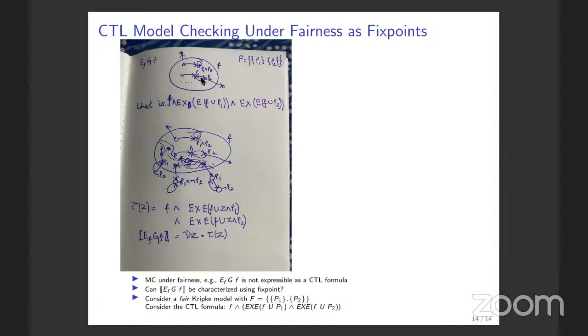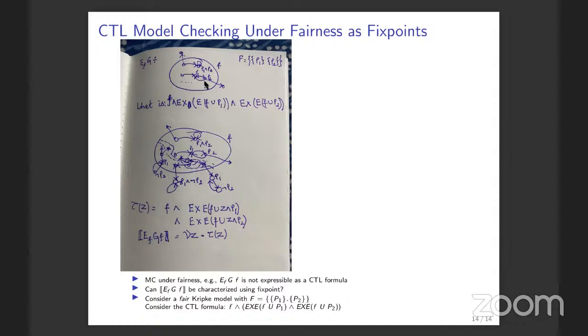So for example, if you did not have this back loop shown here, this one state here is something in which P1 holds, but it is not part of a fair strongly connected component. So you need to remove those kinds of things.